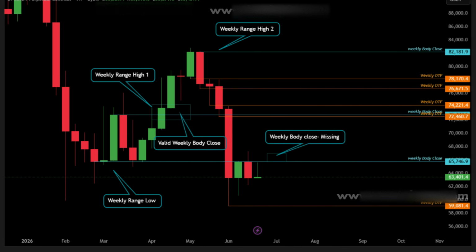Only if a weekly candle closes above $65,746, with a good amount of green candle body above this level, which you can only know by the end of Sunday and at the Asia open or CME open on Monday, can you consider a long trade above this level. So this is the weekly range analysis.